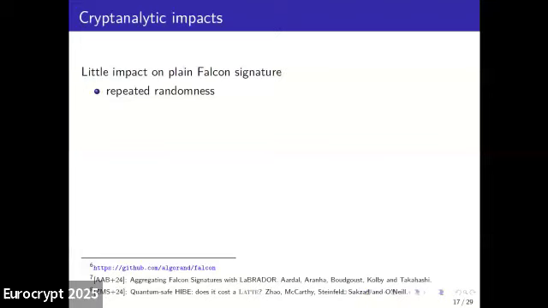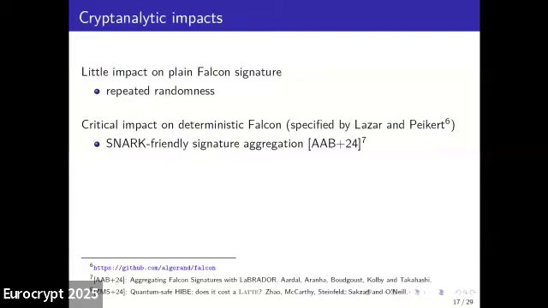Our attack does not directly affect the randomized Falcon signature, but it still has little impact on it because of the repeatless randomness. And our analysis is directly relevant to the deterministic Falcon, which is specified by Lazar and Christopher.